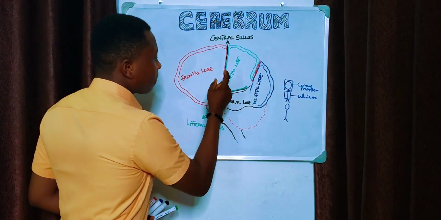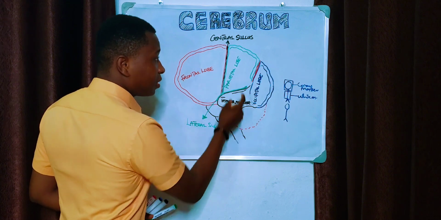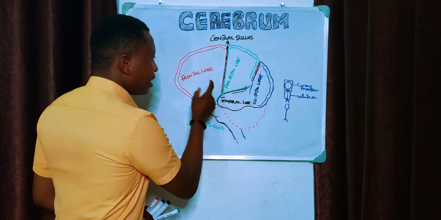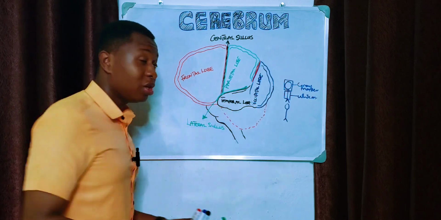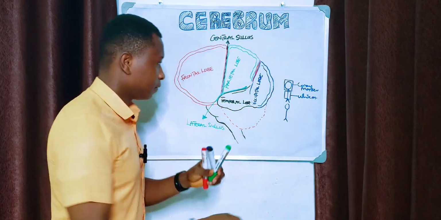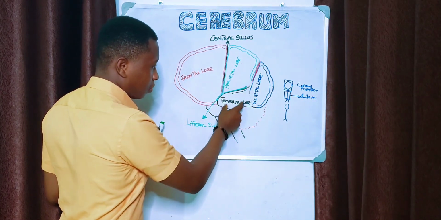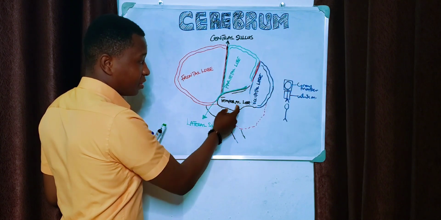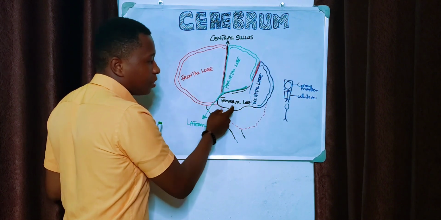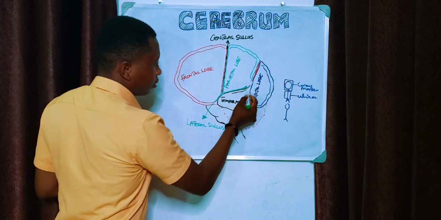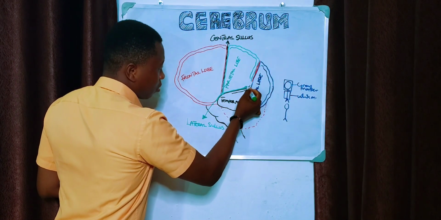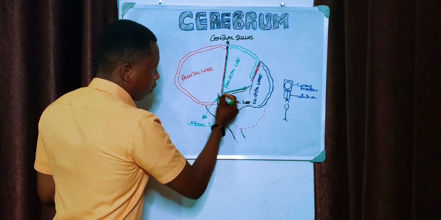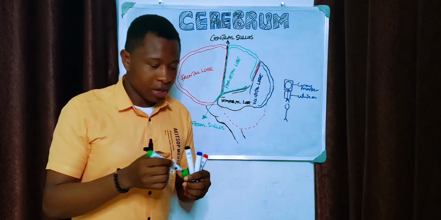It separates the parietal lobe from the temporal lobe, and it also separates the frontal lobe from the temporal lobe. So it does two things actually. These are the divisions. This first one is for the parietal lobe, and this second one for the frontal lobe. All right, so that's that.